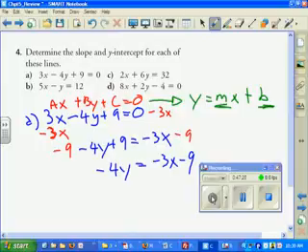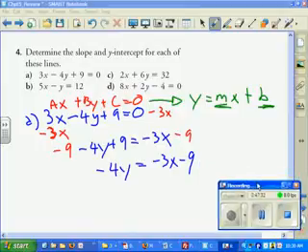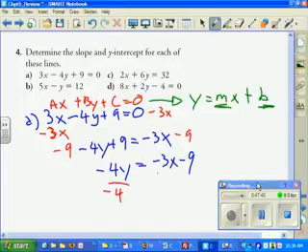Bring it home. Which gives us y is equal to... y is equal to what?